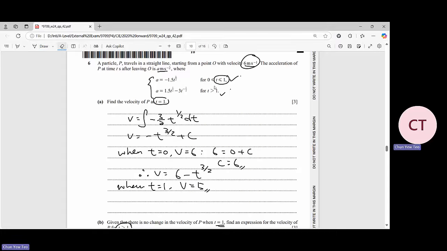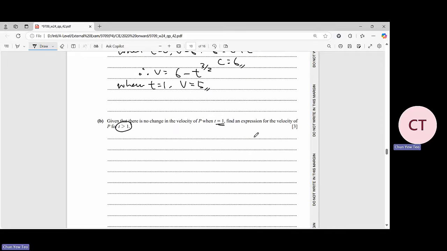Now we want t greater than 1, so I need to use this acceleration. A equals 1.5 t to the power half minus 3 t to the power negative half. I make the 1.5 become 3 over 2. So this is my acceleration.